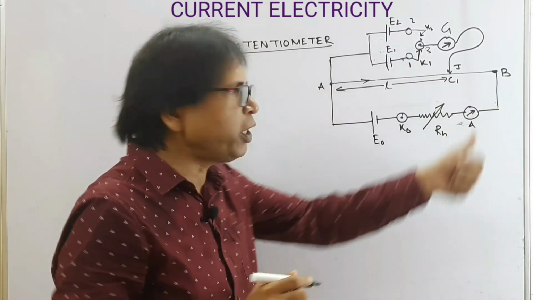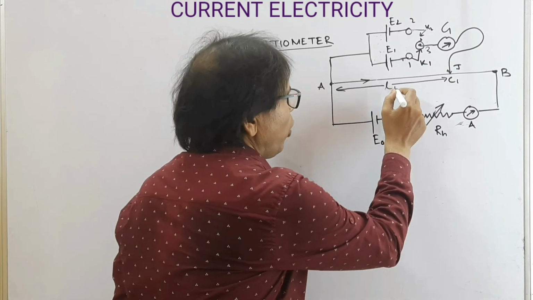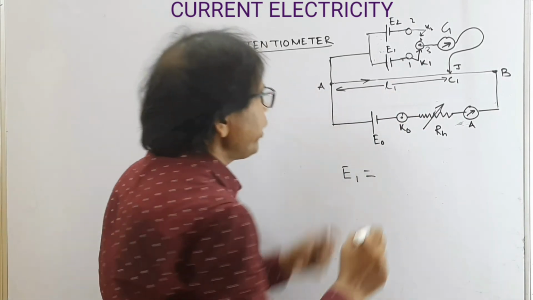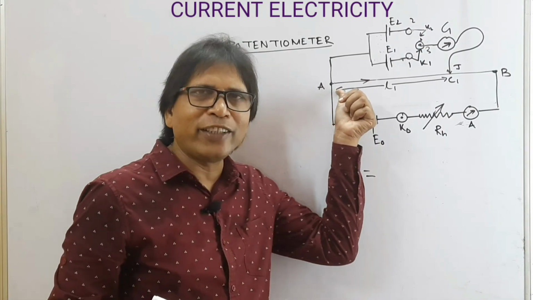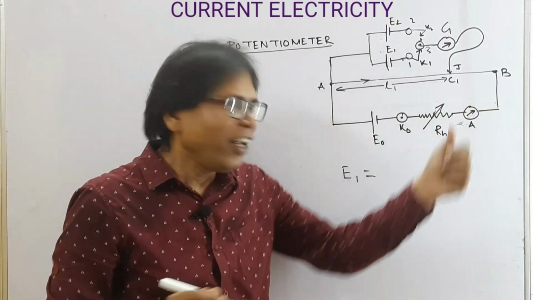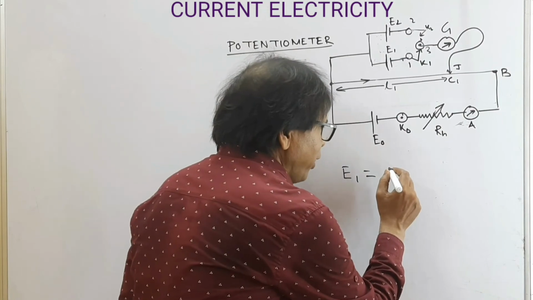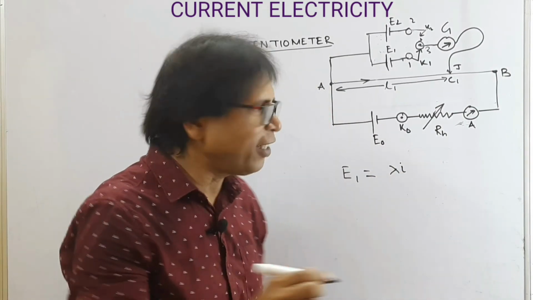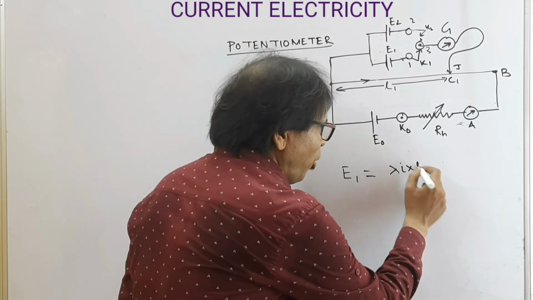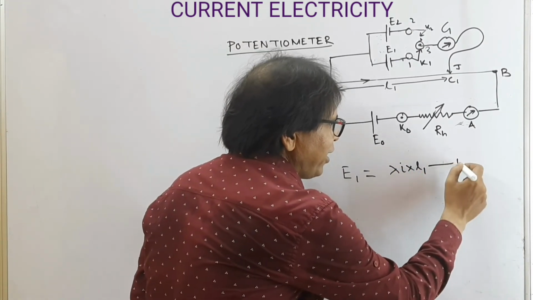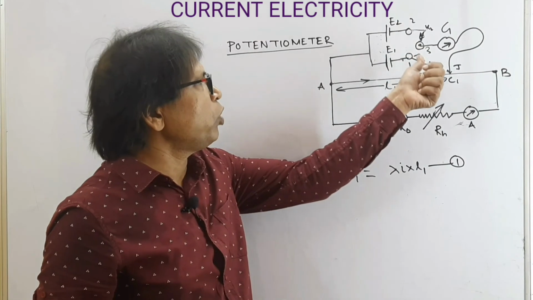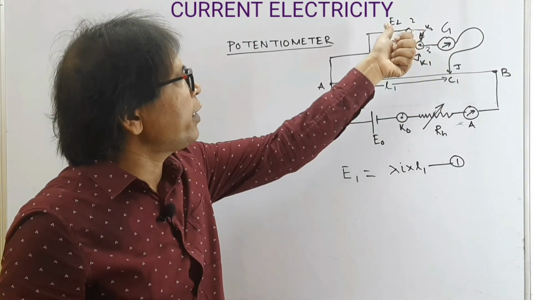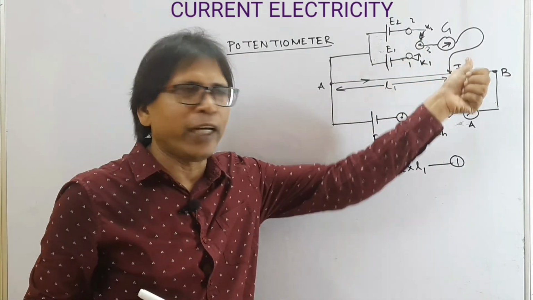If the distance of C1 from A is L1, then E1 equals the potential difference across AC1. That means the potential difference per unit length into the length of AC1. This is equation 1. Now switch K1 is open and K2 is connected between the cell E2 and the galvanometer.